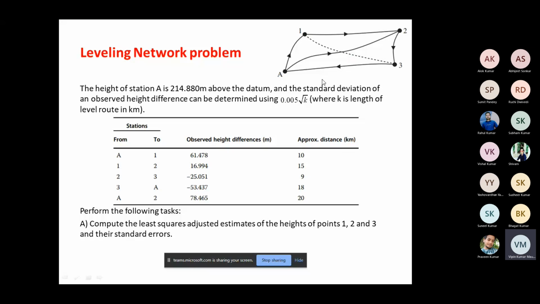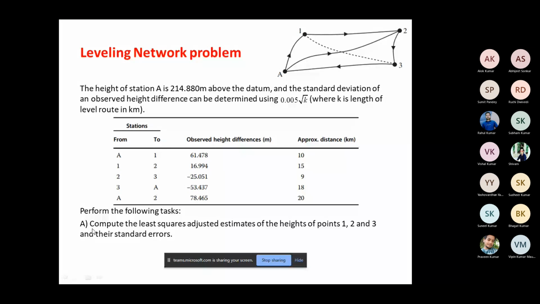On the basis of these observed height differences, we have to compute the adjusted estimates of the heights and their standard errors.